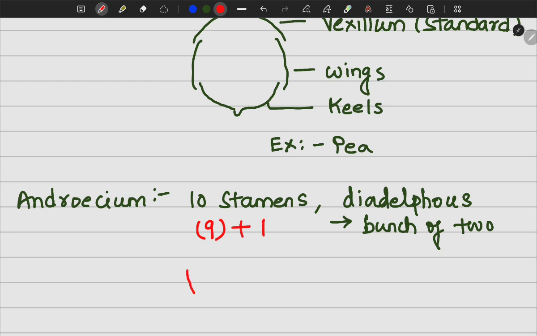So one stamen will be here and the other 9 will be in one whorl or group. Like this.